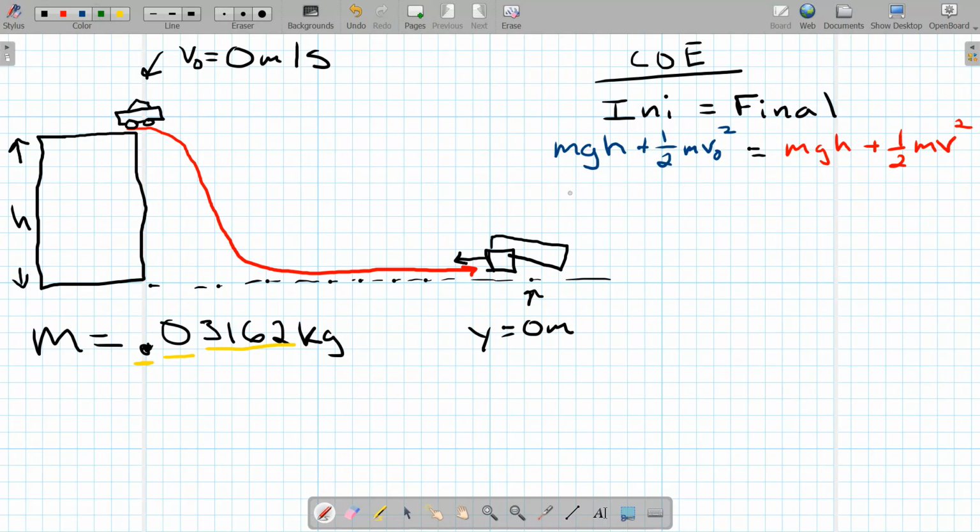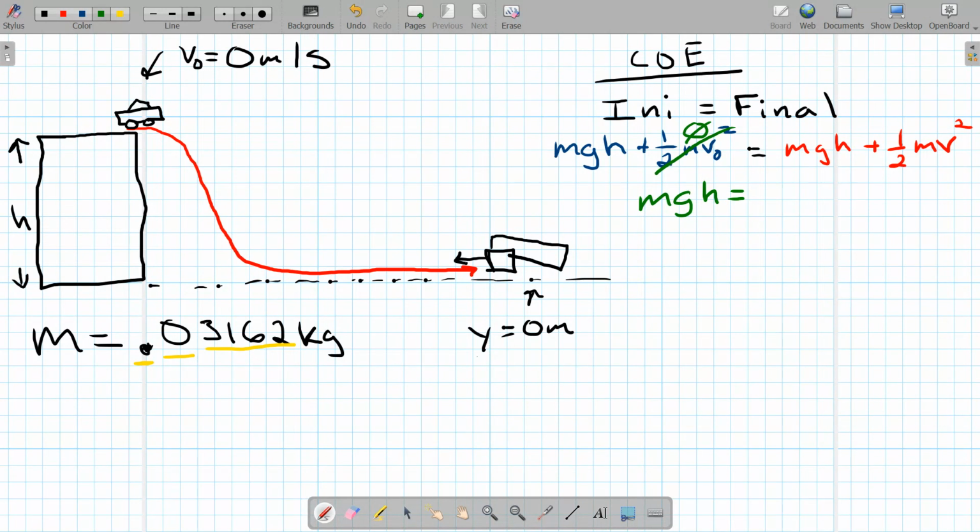One thing I want to point out: in the initial part, my initial velocity is 0, so I would put a 0 in here. 0 times all this stuff is 0. So my initial energy is just the potential energy. Okay?